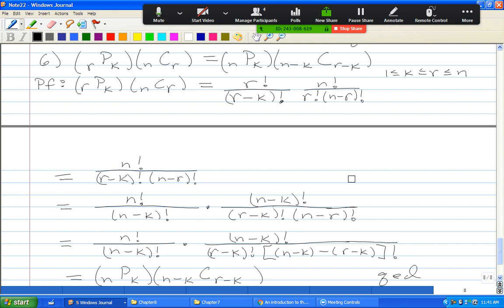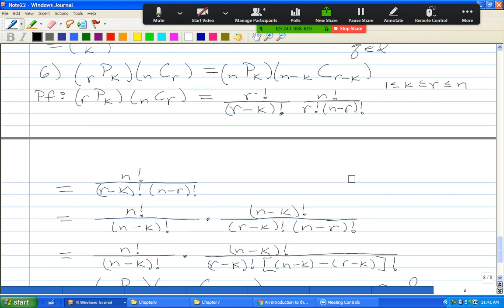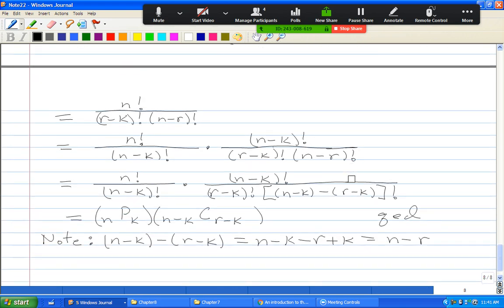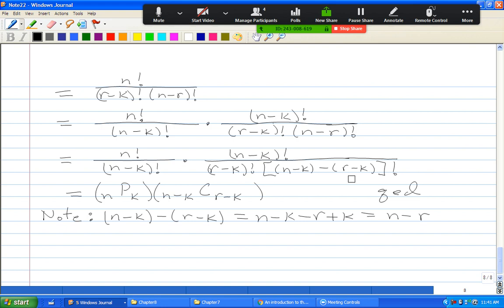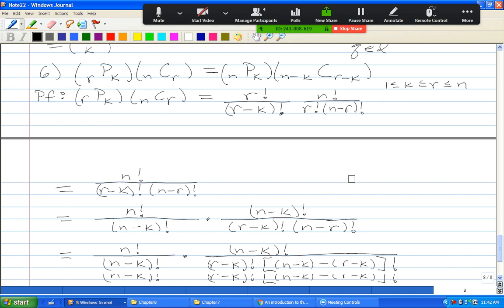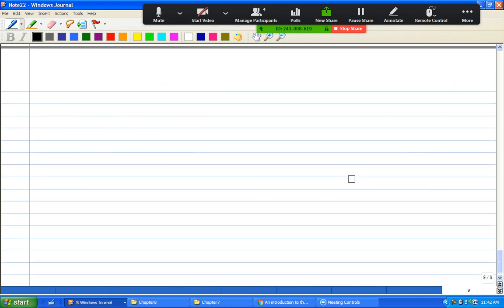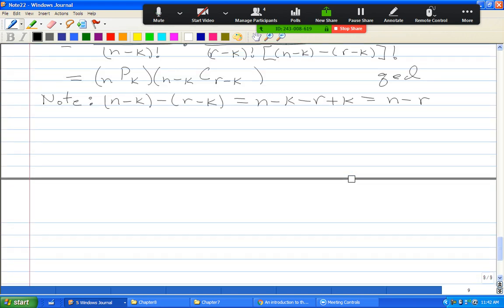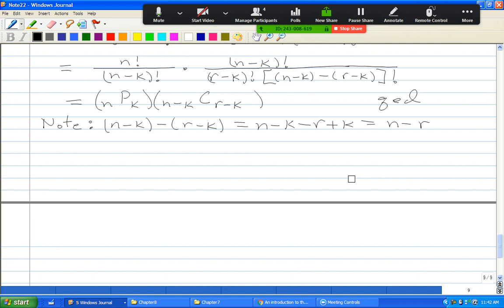It turns out that this is important, especially K equaling 1 and 2 are quite important. So maybe I'll write them.